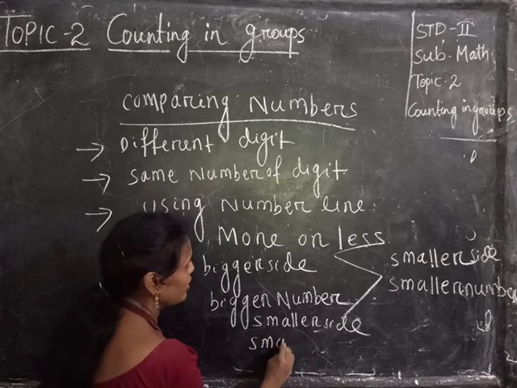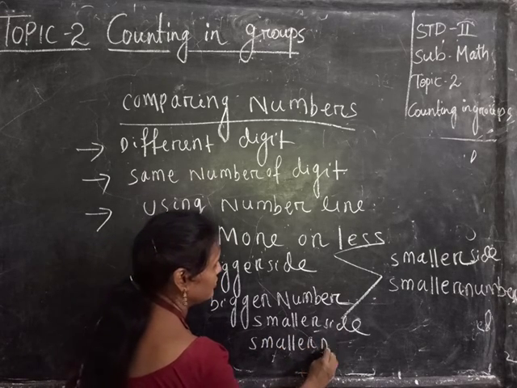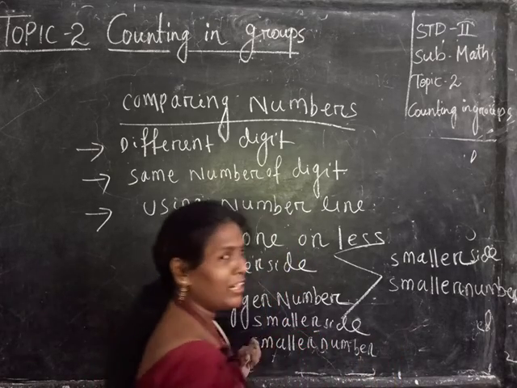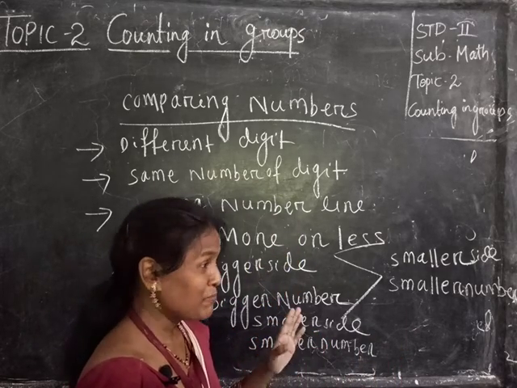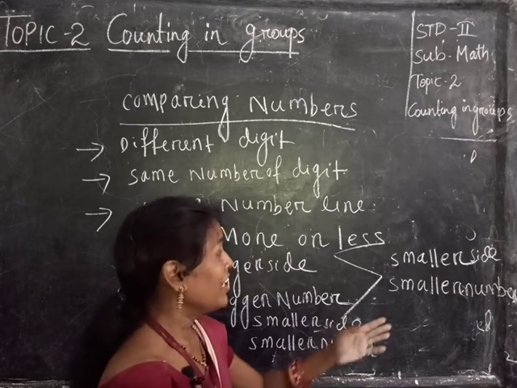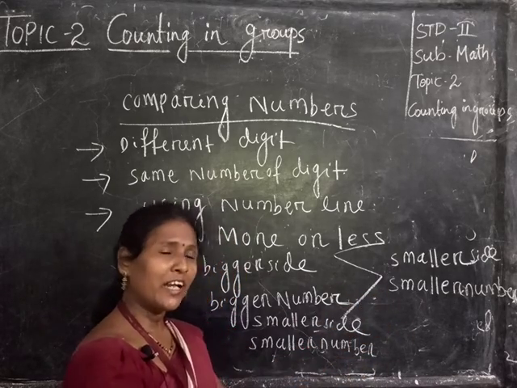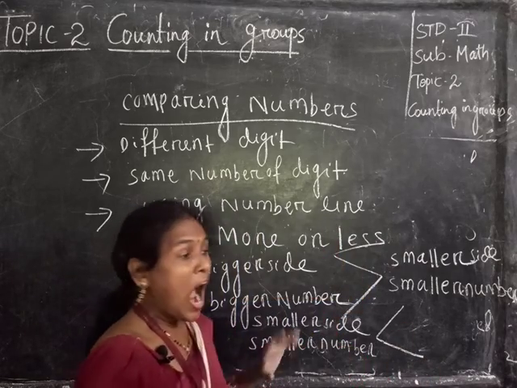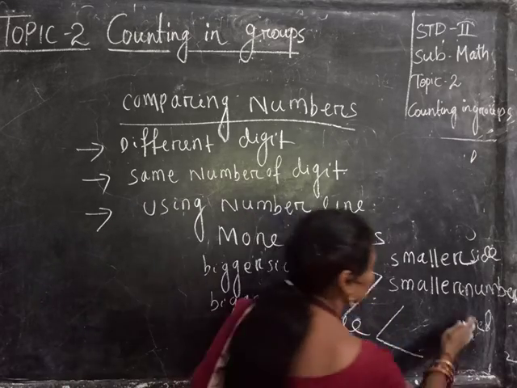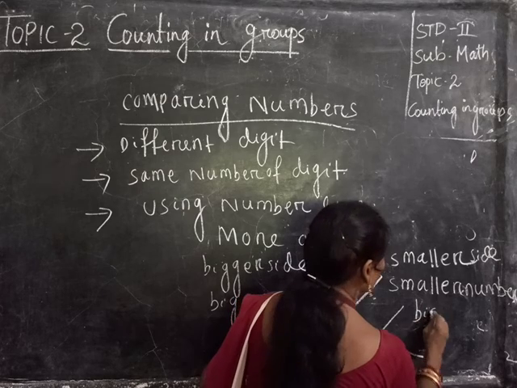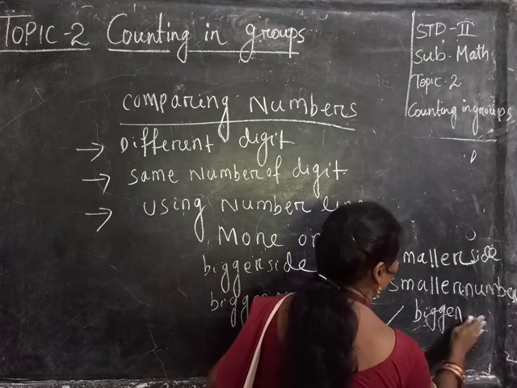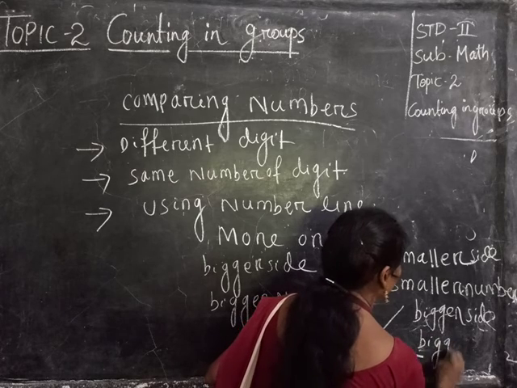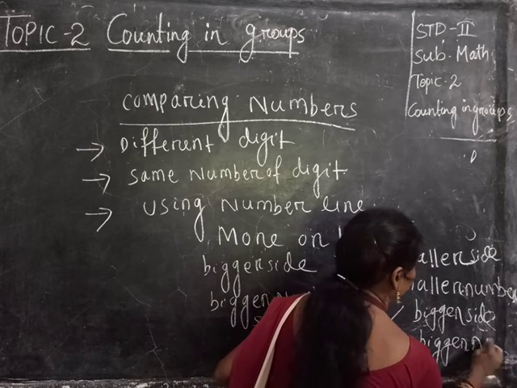and smaller number. Then tell me, students, the crocodile will face his mouth to which side? Left hand side? No, right hand side. Yes, this is your right hand side. Okay, so you see, this is your bigger side and your bigger number.